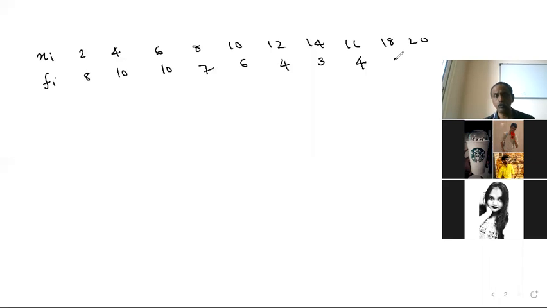Okay, just check this. xi: 2, 4, 6, 8, 10, 12, 14, 16, 18, 20. The frequencies fi are 8, 10, 10, 7, 6, 4, 3, 4, 2, 6. Can you please write down the data?